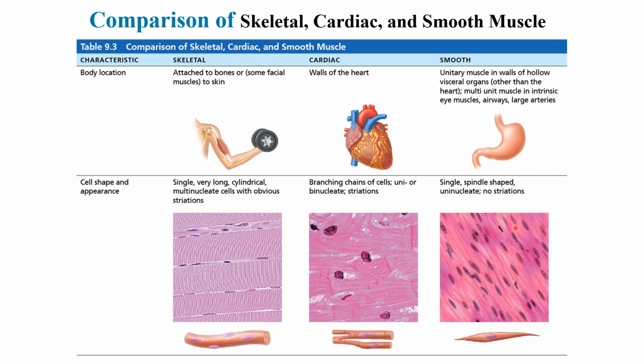Smooth muscle is just that, it's smooth, and that's because the sarcomeres are not aligned in the same directions. Yes, this fiber will shorten, but it will shorten like a scrunchie rather than like a piston. Okay, so these are uninucleate, no striations, and we do have a fair amount of diversity when it comes to smooth muscle in terms of how they are stimulated.